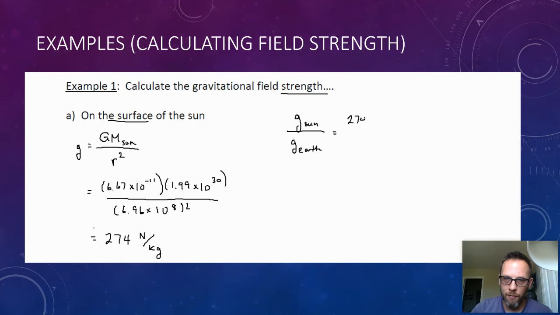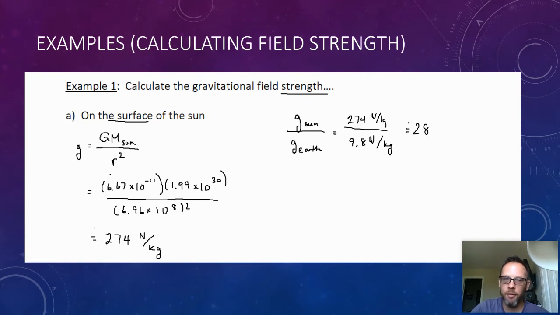So that's 274 newtons per kilogram divided by 9.8 newtons per kilogram. I mean, it's like 28, right? 28 or 29? It's 28. So you would feel 28 times heavier on the surface of the sun. You'd be crushed by your own weight.